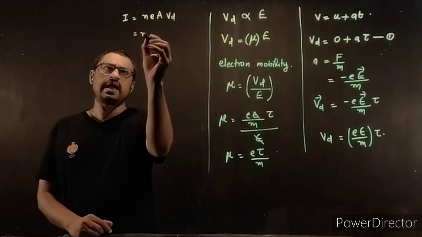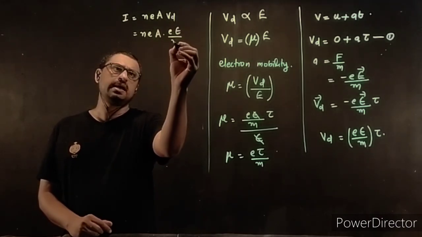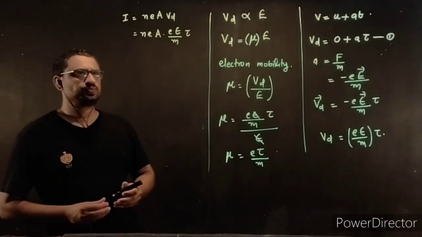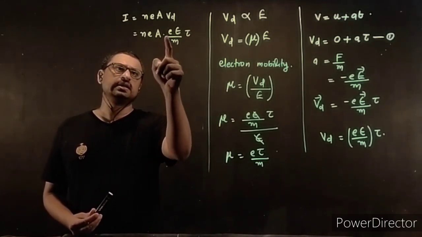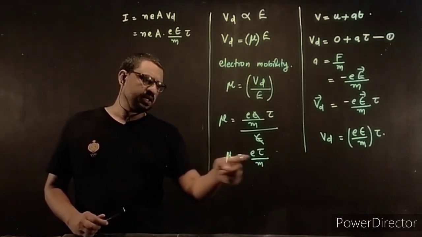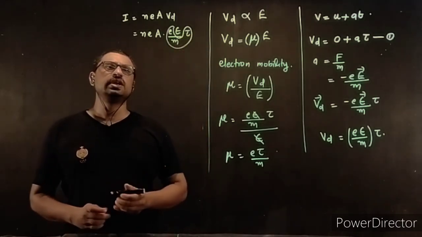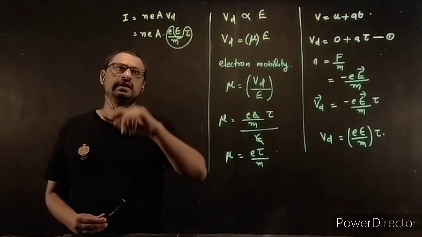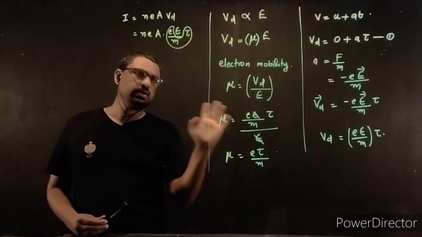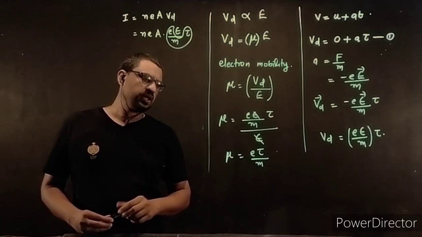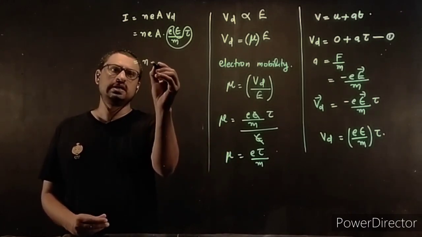Now that is equal to nAe, and Vd is eE by m into tau. And e tau by m is nothing but mu.